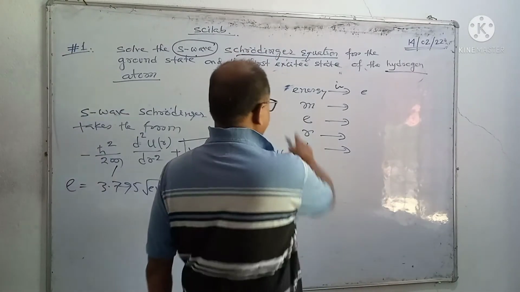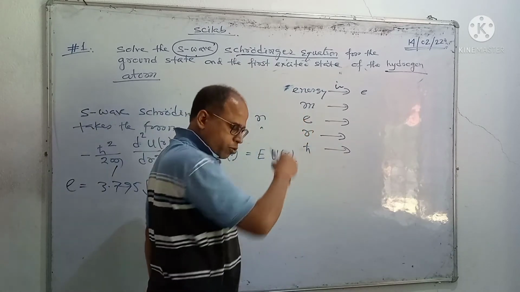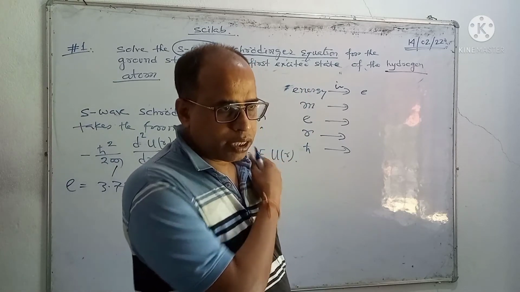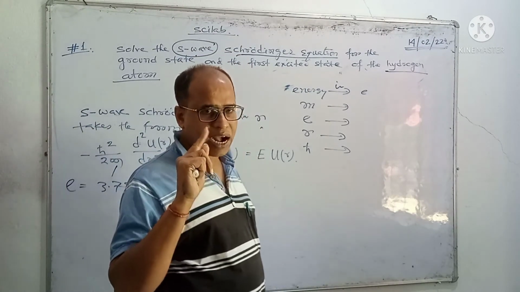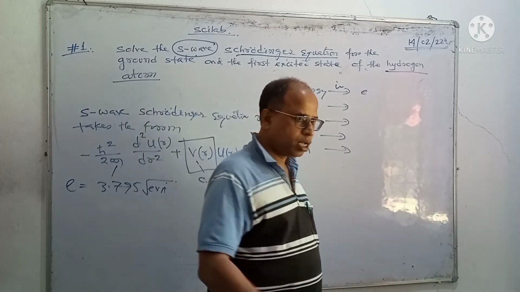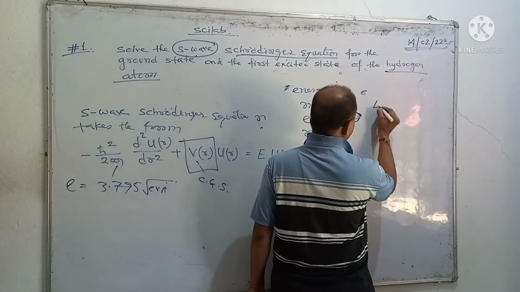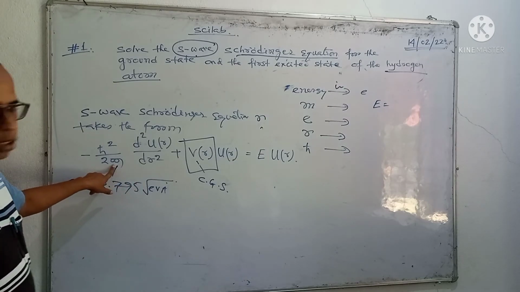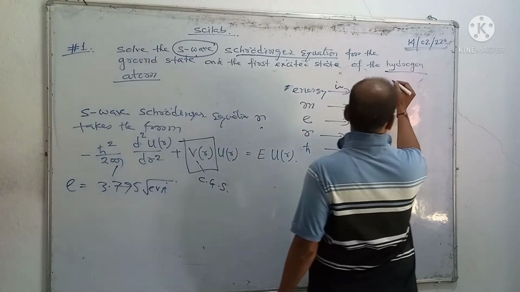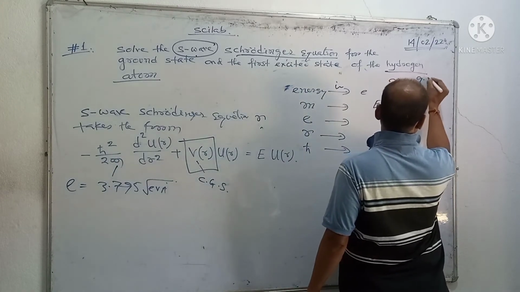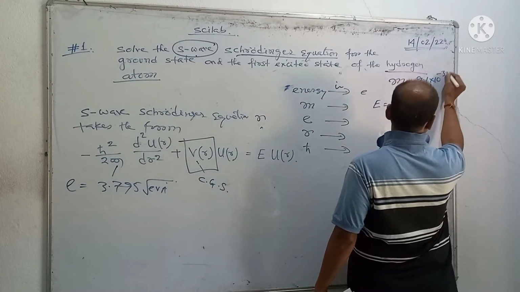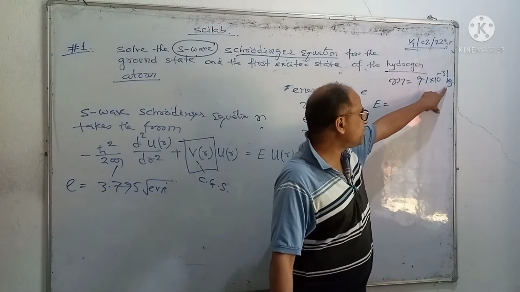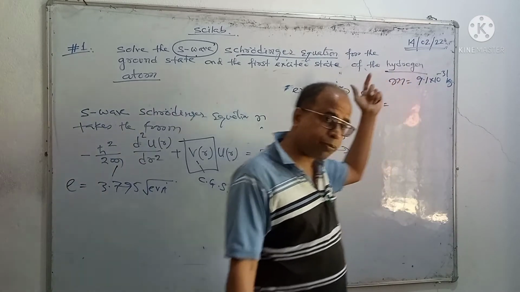Next, mass. I have to express the mass from special theory of relativity. We know mass is nothing but energy. Therefore I have to express the mass in electron volt unit. Therefore this is the mass of the electron. We know mass of the electron is m is equal to 9.1 into 10 to the power minus 31 kg. Here the unit is kg, but you have to go to electron volt.